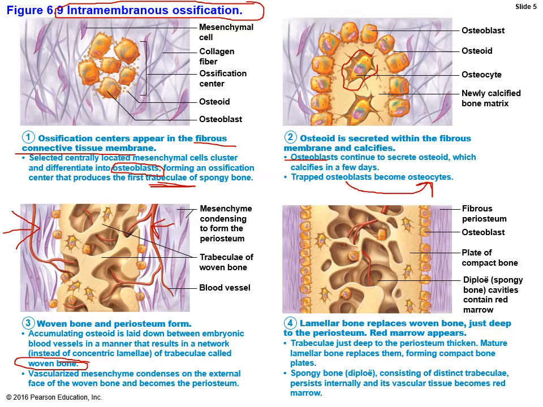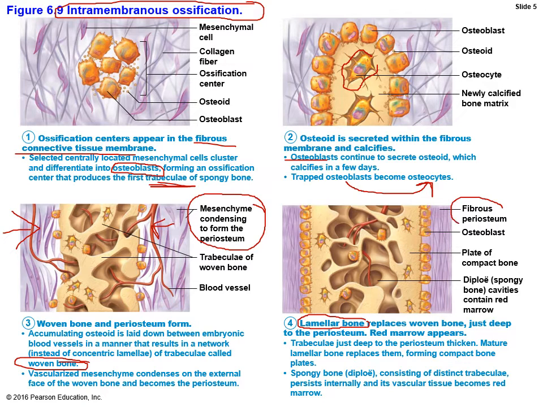We start seeing the laying down of the periosteum by some mesenchyme cells that will condense around, allowing for the membrane to form. And as we get to our final step, we can see that the lamellar bone, aka the compact bone, will then replace the woven bone. And of course, we can start seeing some of the main components, such as the formation of the periosteum.